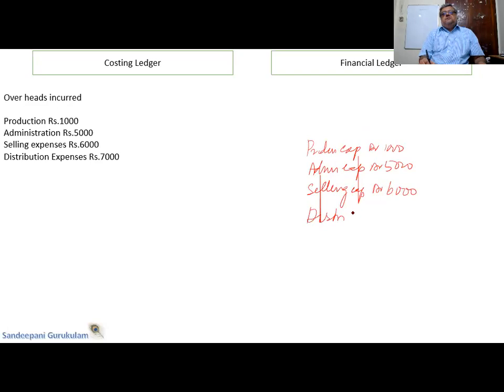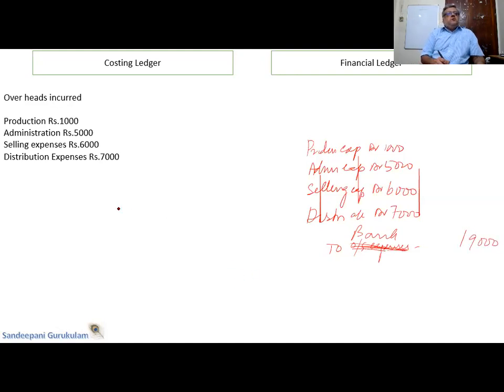Distribution expenses account, that is 7,000. You may put either bank or outstanding expenses. So let's not get confused. Let's use bank account in the same way. So it is 1,000, 6,000, 12,000, 19,000. I think I'm correct.